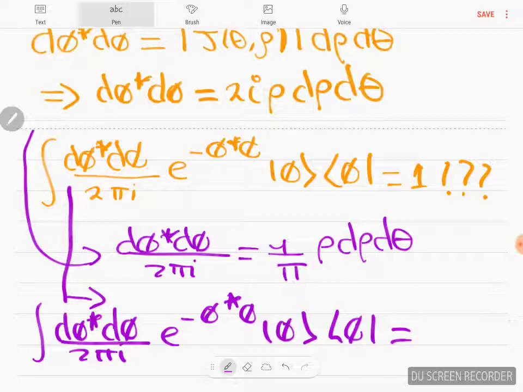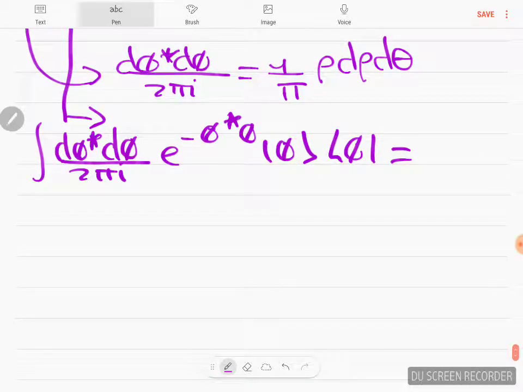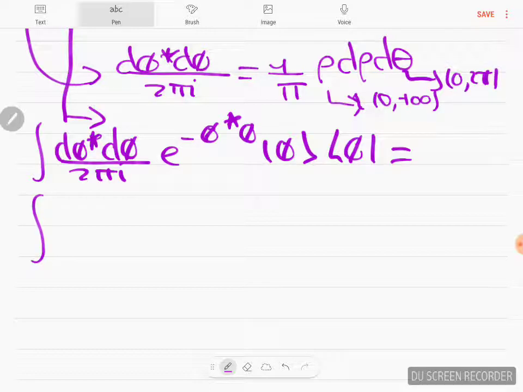This is equal to the integral where rho goes from 0 to plus infinity, and theta goes from 0 to 2 pi. So I have two integrals, from 0 to plus infinity and from 0 to 2 pi.